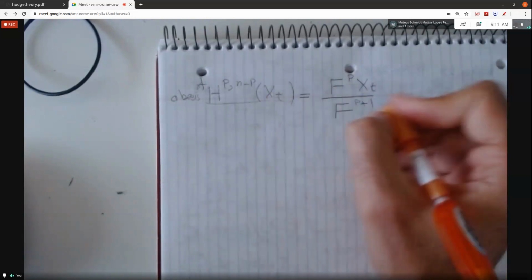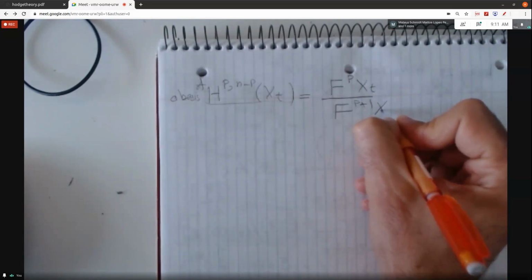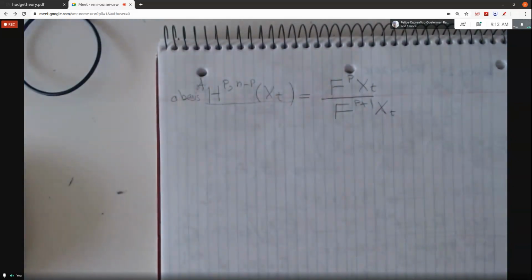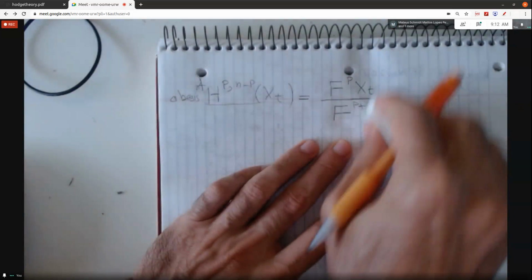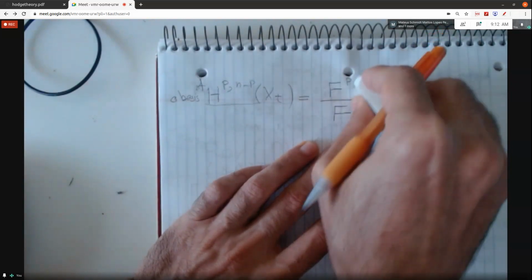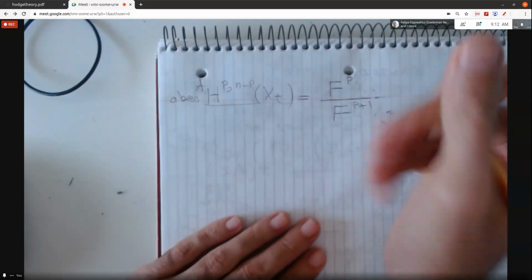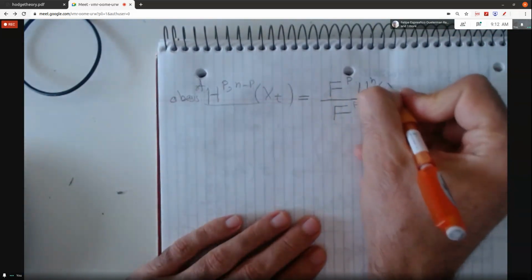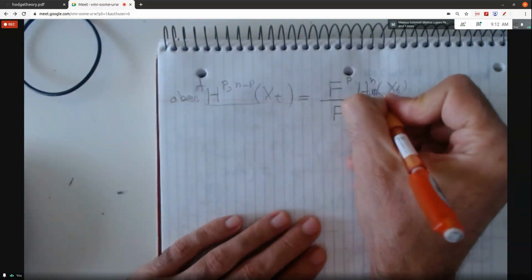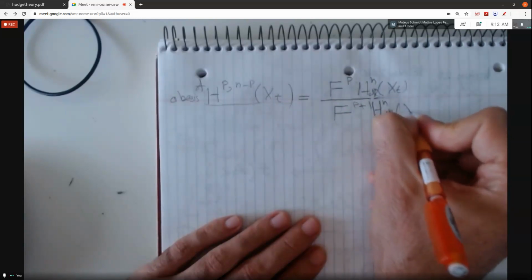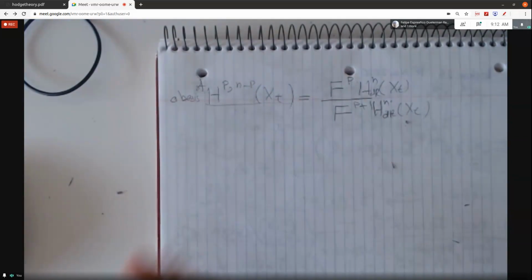So I never use the Hodge decomposition in this course, even though Hodge theory started with the Hodge decomposition. But for me, this Hodge decomposition notation is the quotient of the Hodge filtration. H^n de Rham X_t.